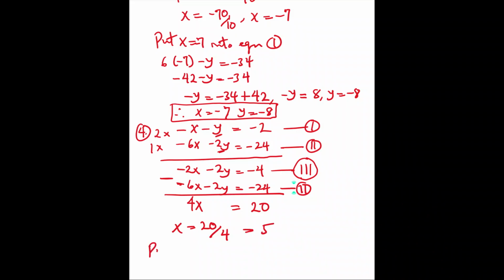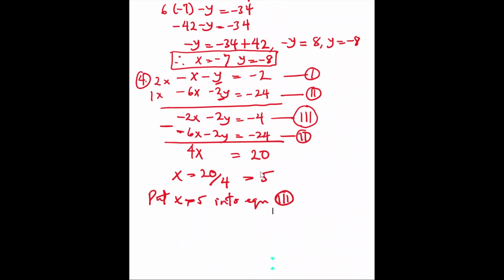Okay? So x equals 20 divided by 4. That will give us 5. Okay? So we can put x equals 5 into equation 3. So that'll be minus 2 into 5 minus 2y equals minus 4. So minus 2 times 5 is minus 10.